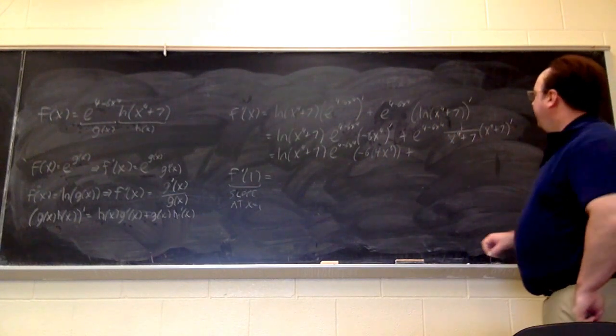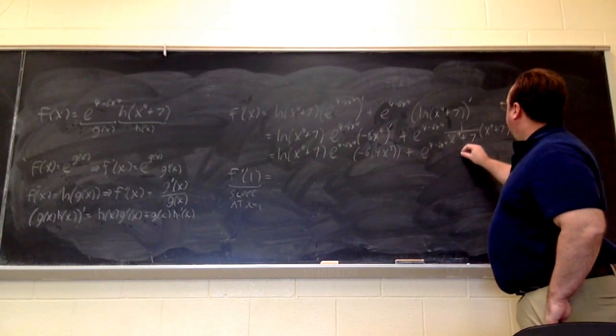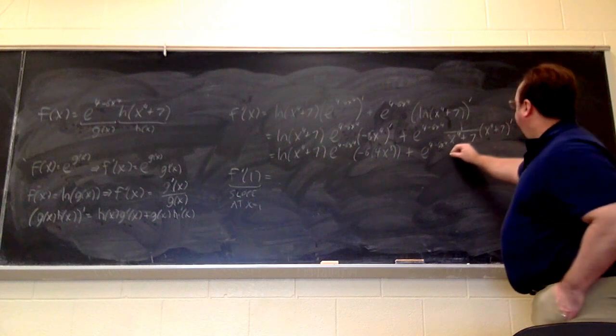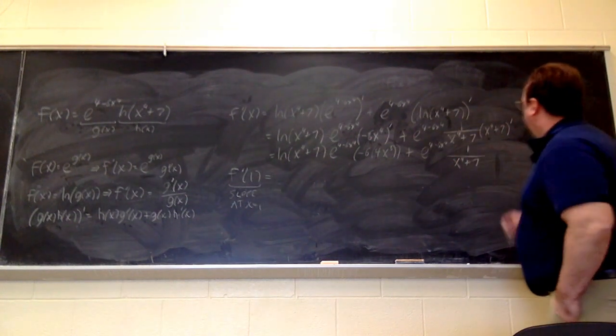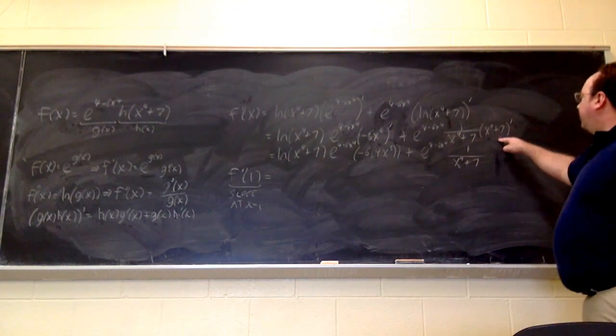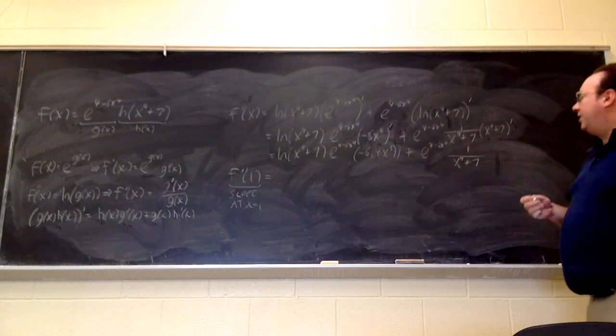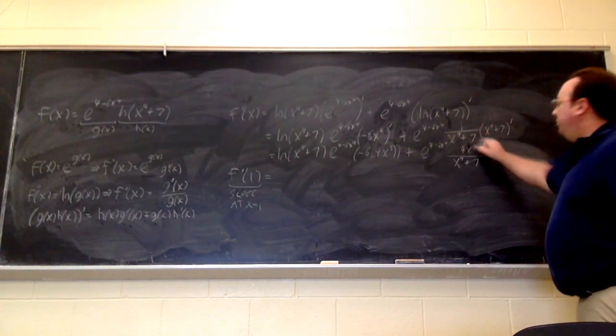And then over here I have e to the 4 minus 6x to the 4th times 1 over x to the 4th plus 7 times the derivative of x to the 4th plus 7. But that's just the derivative of x to the 4th, so that would be 4x cubed.